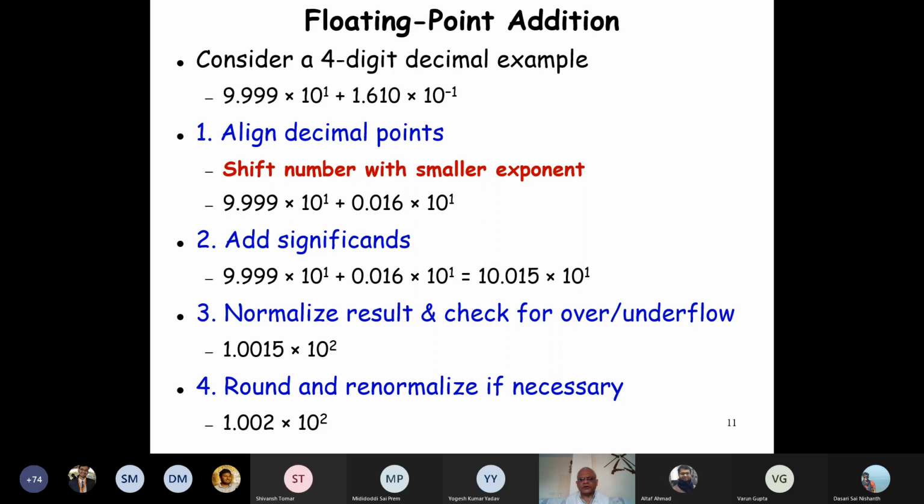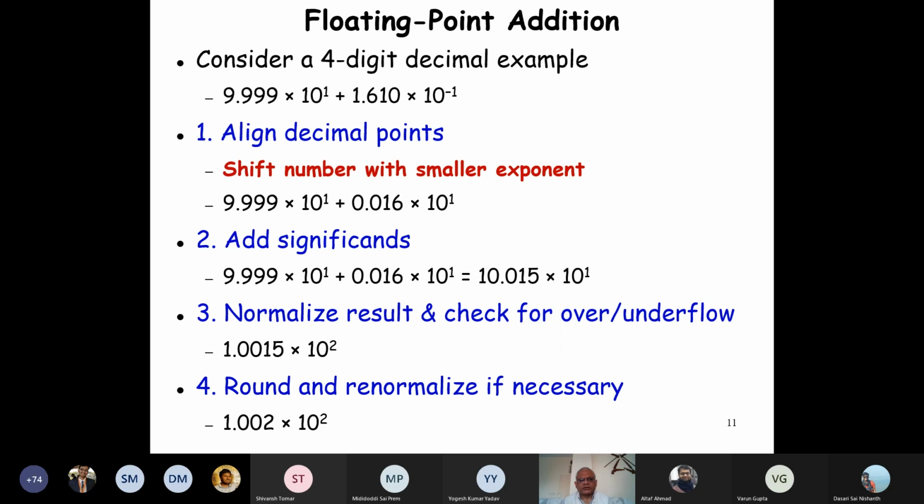Now let's look at floating point addition. This you know from your school days. How do we add this? We need to shift the exponent so that they are aligned. That's the first thing we do. Remember your school days. But then which exponent do we shift here? Can we make 9.999 and 10 to the power minus 1?